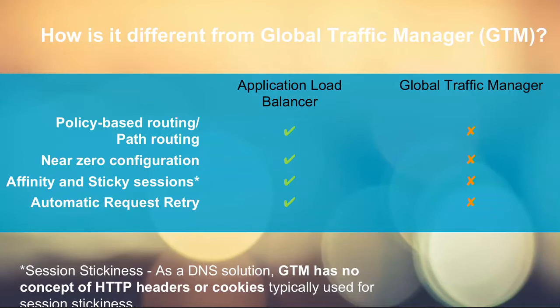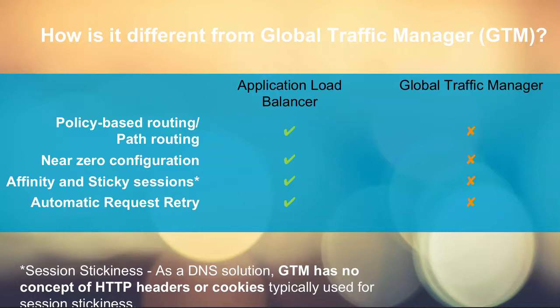Affinity and sticky sessions. With GTM in the picture before, we were successful at making sure you have equal weights of traffic to different endpoints. But now with session stickiness and HTTP-based capabilities also introduced, we make sure that apart from just dividing load amongst your different endpoints, we maintain sticky sessions as well.